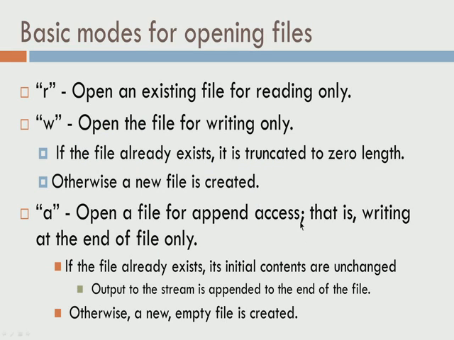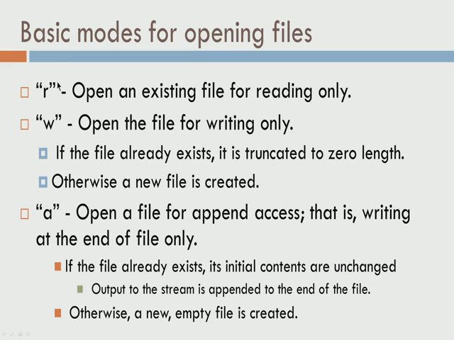So let's look at the other modes of opening a file. R I already mentioned in the previous slide. W is the other mode in which you open the file but only for writing, which means from your program you can only write to it, you cannot go and read what is in the file. That's called write mode, and A is called the append mode. Let's look at the distinction among these three modes.